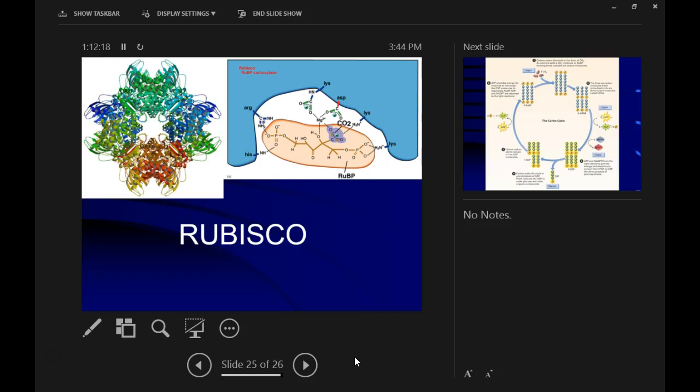So as you can see, little positive charge there, negative charge binds to it. And you can see this is actually where the CO2 goes and binds. It's beautiful, a gorgeous little active site. So that's the big function of Rubisco, to attach that carbon dioxide to our 5-carbon sugar.